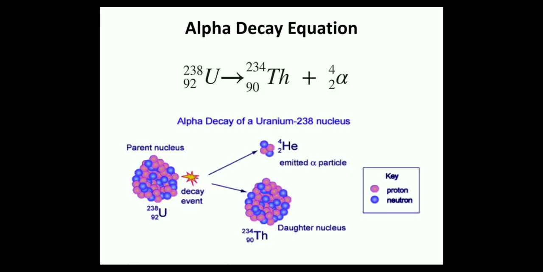We have the alpha decay equation for uranium-238 with atomic number 92. We get thorium plus alpha particle. A parent nucleus gets daughter nucleus plus emitted alpha particle. A parent nucleus and a daughter nucleus are both combinations of protons and neutrons.